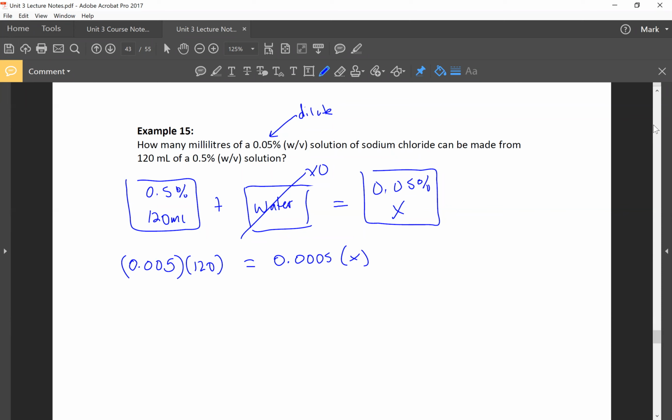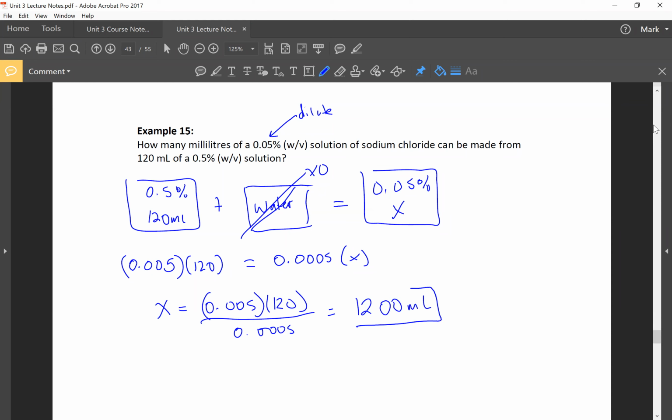And that's it. And we don't need to worry about the water because the concentration of that is times 0. So X is going to be 0.005 times 120 over 0.0005, and you would get 1200 when you did this.